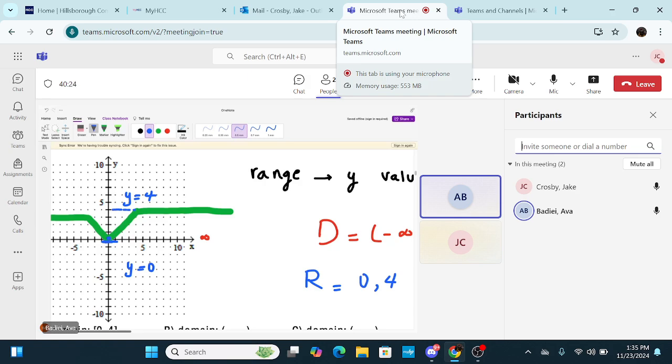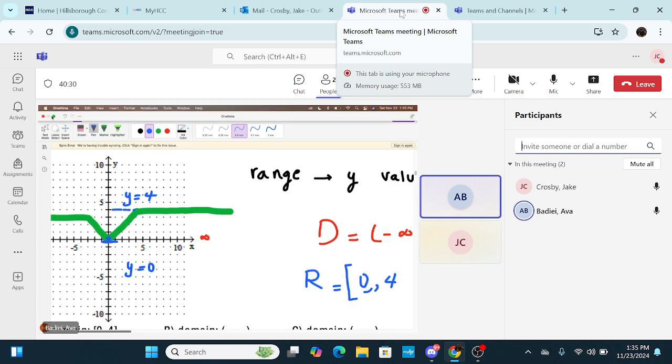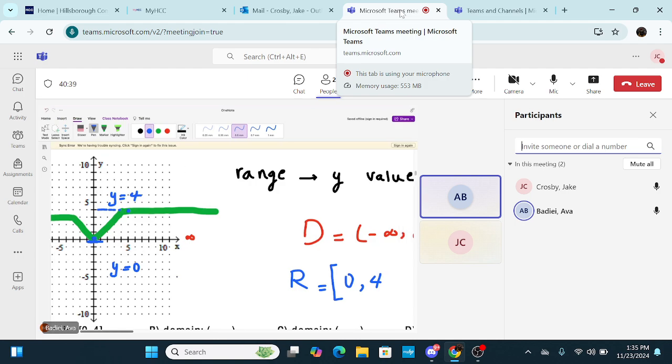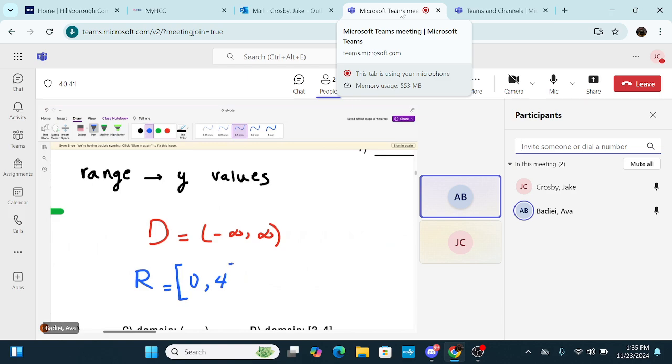It is in our graph, so we do have 0 in our y values. In a similar way, the points that have the y value of 4 are all solid, so 4 is also included in our graph. We also use a bracket for that.